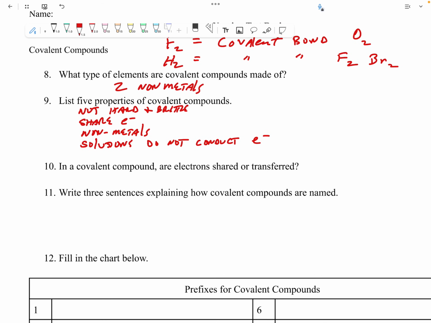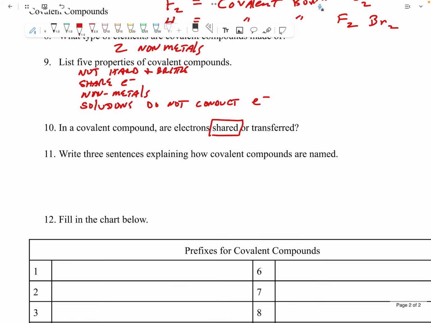In a covalent compound, are electrons shared or transferred? They are shared. Three sentences explaining how covalent compounds are named.